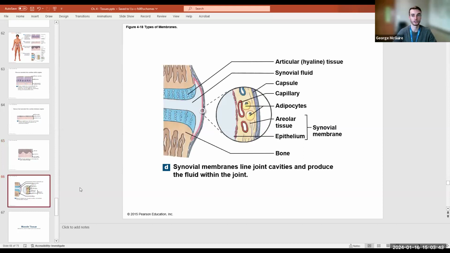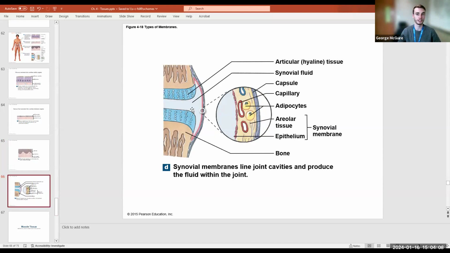And then lastly, our synovial membranes. So we have a whole chapter on joints where we'll be looking at the different types of joints, but synovial joints are the joints where there is the most amount of movement available in that area. So shoulders, knees, elbows, and that is because of this synovial fluid that gets secreted by the synovial membrane.